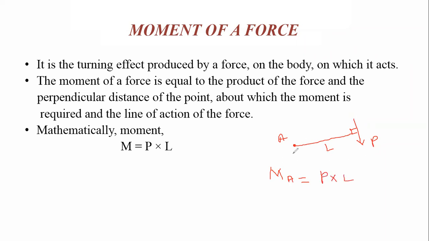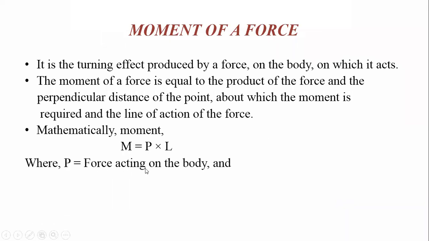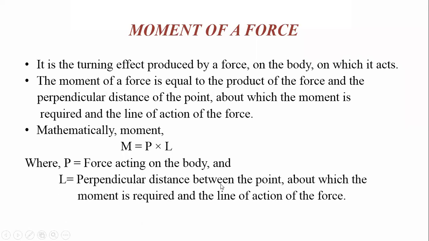Due to this force, it is producing the rotational or turning effect, and that is called the moment, which mathematically is represented as M is equal to P into L. Here P is the force acting on a body and L is the perpendicular distance between the point about which the moment is required and the line of action of the force.